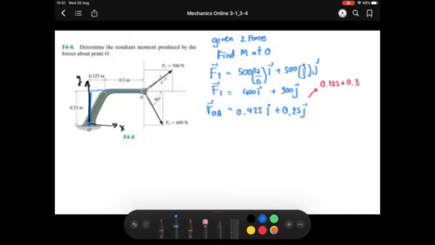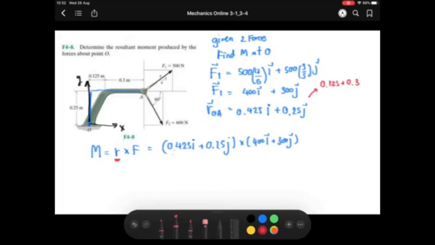For the moment of the first vector, you can use the concept of cross product as R cross F. Don't forget that you have to put the distance vector first. So you can write it as 0.325i plus 0.25j, cross with 400i plus 300j.